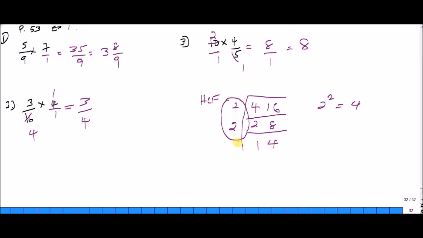But now, we can't find any other number, saving 1, that could go into both 1 and 4. And 1 times any one of these is going to give you back the same thing. Okay? So that's why we would say 4 into 4 is 1 and 4 into 16 is 4 times. So we are using the highest common factor of both 4 and 16.